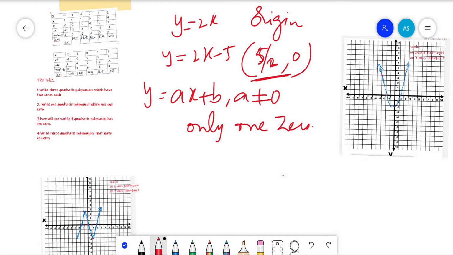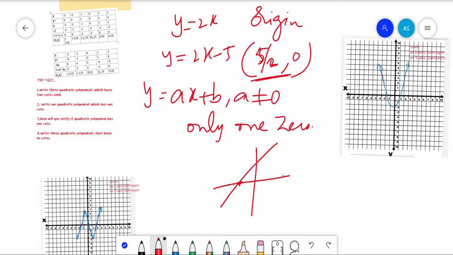How can you identify the zero? The x-coordinate of the point of intersection of the graph of y = ax + b with the x-axis is called its zero. Wherever it intersects the x-axis, that point gives the zero of the polynomial.